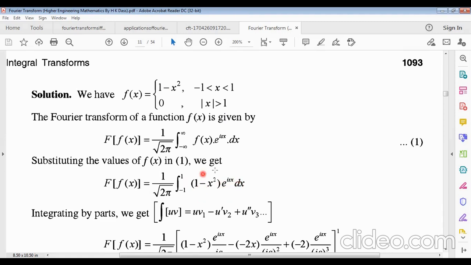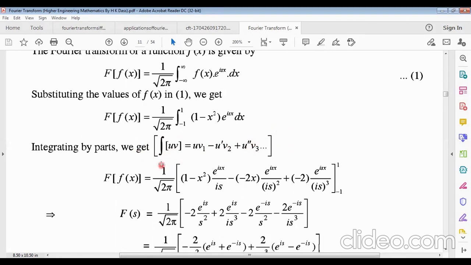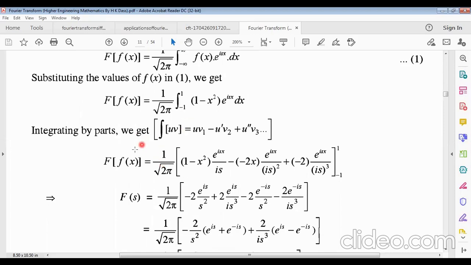Now just integrate this product function with respect to x. You must know the chain formula: u into the integration of v, minus u differentiation into the second integration of v, plus u double differentiation into the third integration. We have solved many problems using this formula in Fourier series. Here the first function is u and the second function is v.